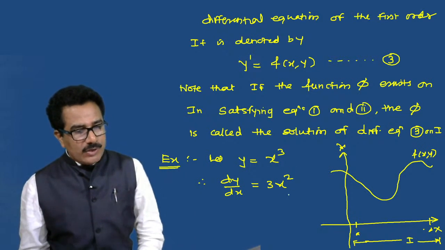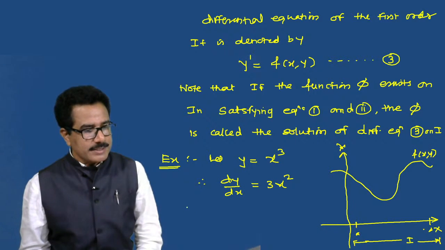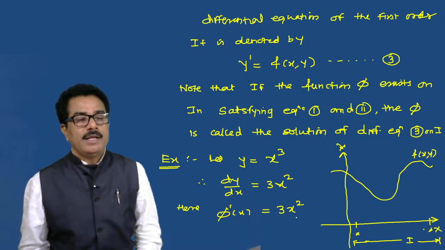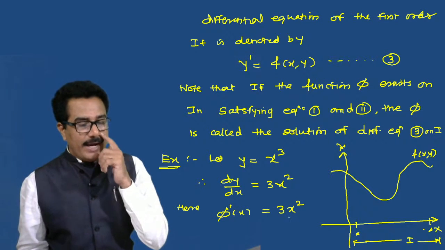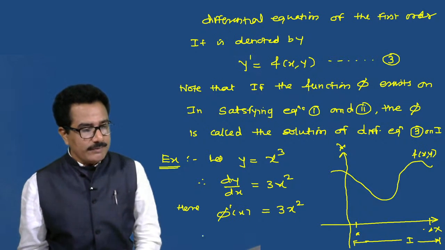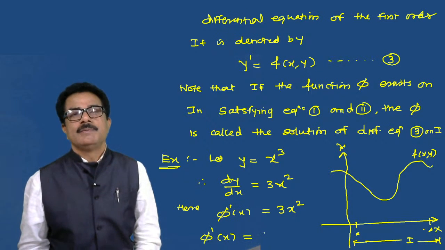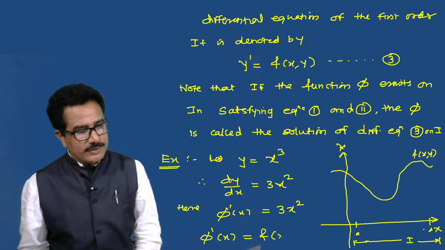So it is denoted by phi dash of x. Here phi dash of x is a function of x, which is again a function of x comma phi of x.